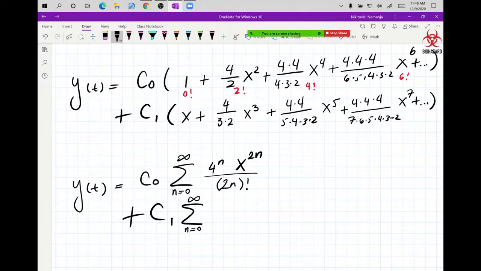So you do the same analysis over here, and you see that you have this 4 to the n business, and if you start your counter at 0, 3 and then 5 and the 7, okay. So you have your denominators. This is your 1 factorial, 3 factorial, 5 factorial.